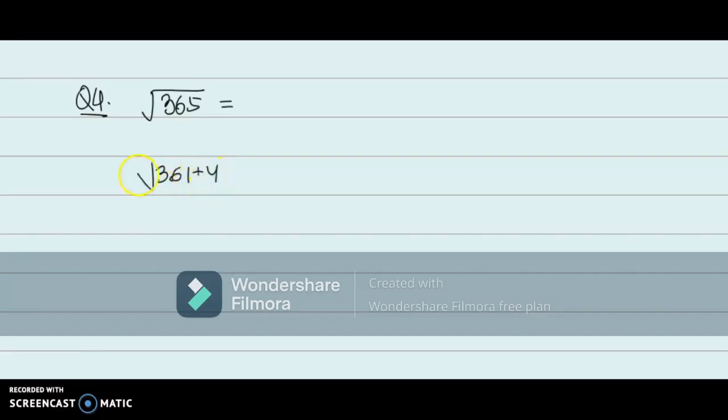Why have I taken 361? Because 361 is a perfect square. This is a and this is b. So root a is root 361 plus b over 2 root a, where b is 4 as per this question, so write 4, and 2 times root 361. This is what our formula is.